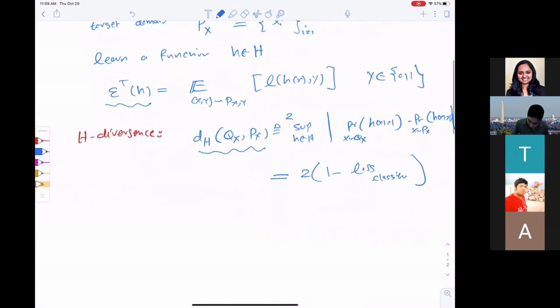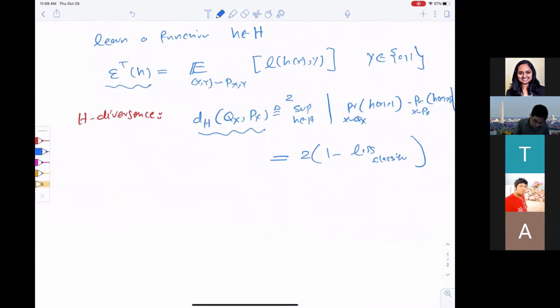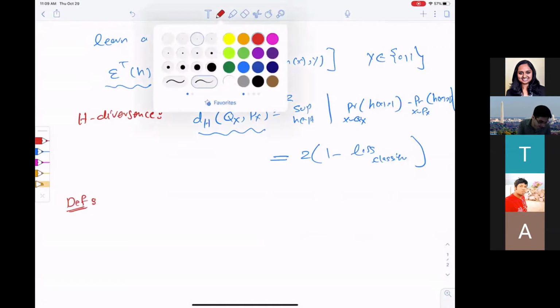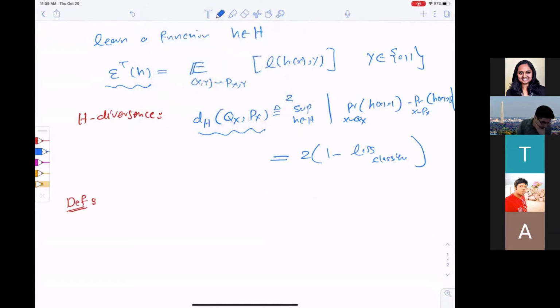Okay, so I'll start with the definition here, and then I'll state the main theorem that quantifies the target error based on quantities we have at training time. Okay, so what is the definition here?